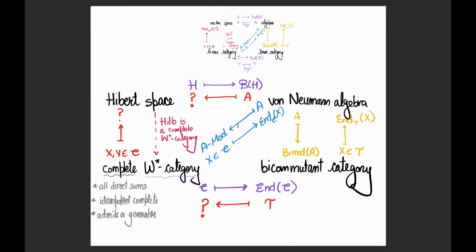So you automatically see things of the form B of H. And physicists like von Neumann algebras because the bicomutant condition is essentially also a very topological condition. You could put a bunch of operator algebraic topologies on B of H, and von Neumann algebra essentially says that you're complete under all these topologies. That is, all your limit points are included in your algebra. For that reason, von Neumann algebras came to be interesting for physicists.